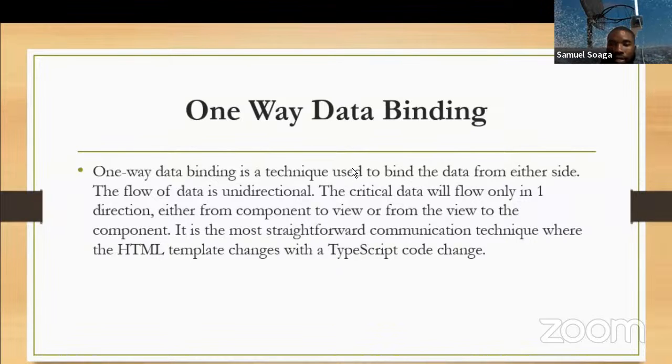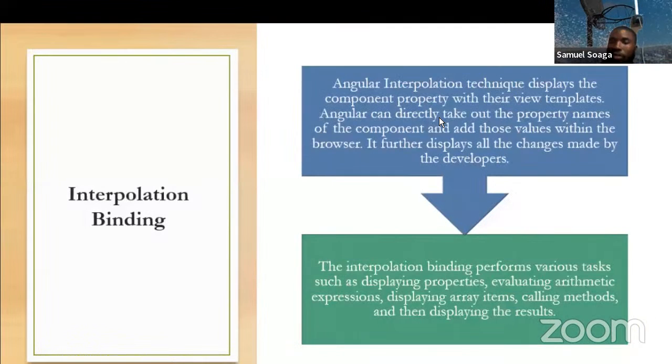Please go to the next slide. And what are the various types of one-way data binding? The first one is interpolation binding. Interpolation binding is a technique that displays the component property within the view template.